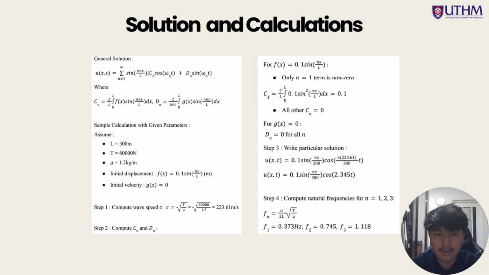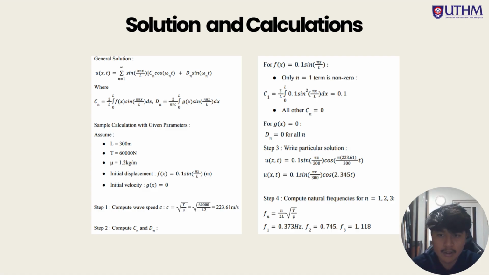So this is our solution and calculation. We start with the general solution where we assume the parameters: L equals 300 meters, T equals 60,000 Newton, and mu equals 1.2 kilogram per meter.